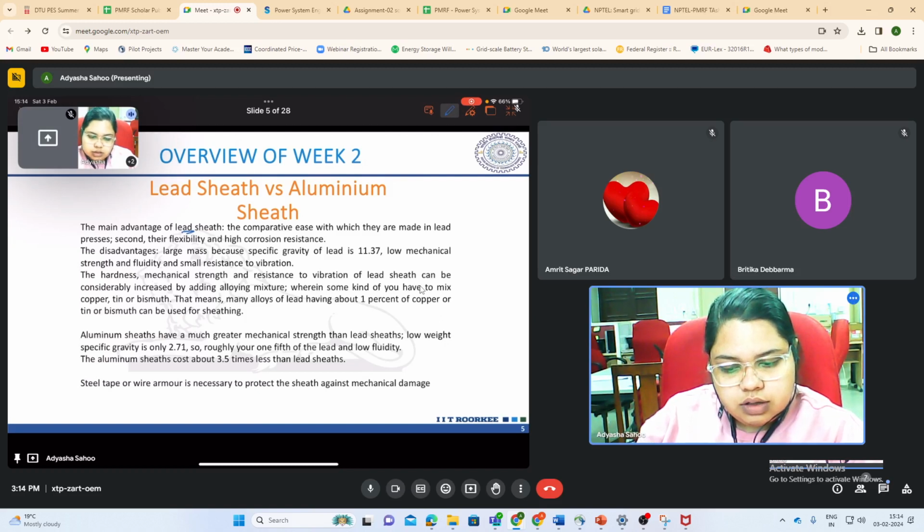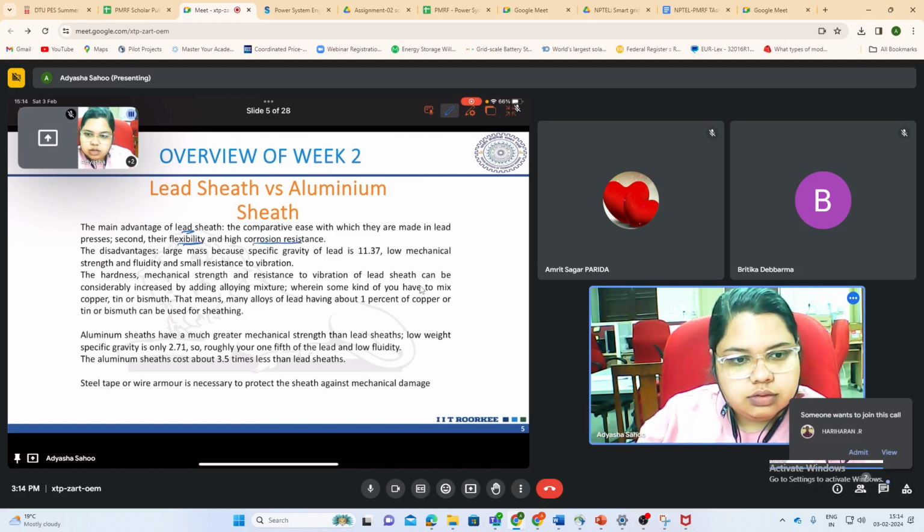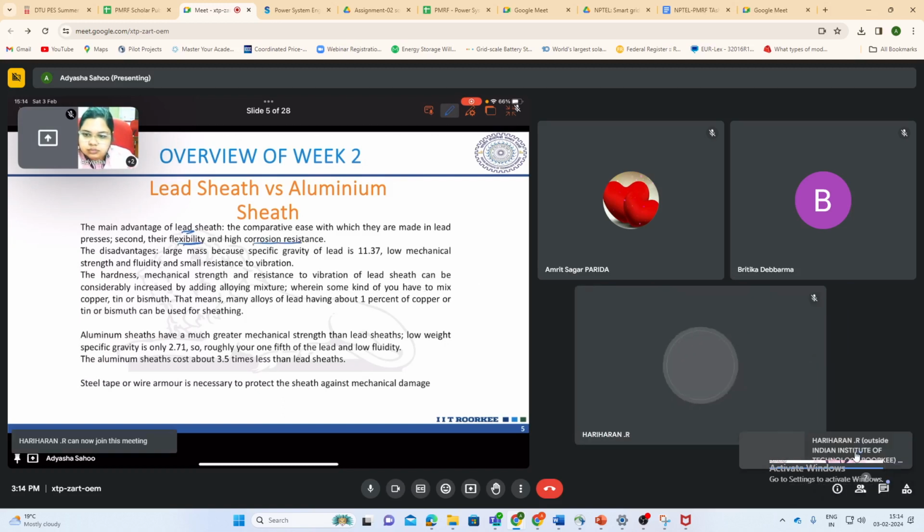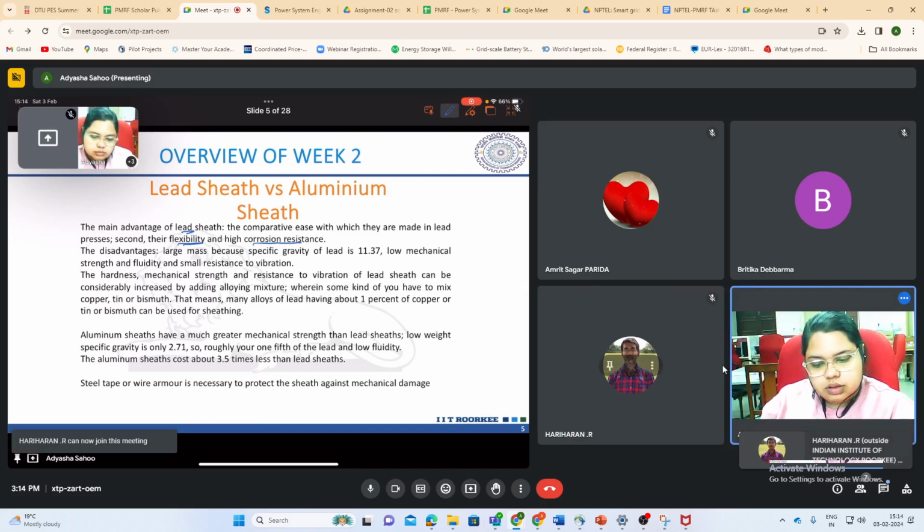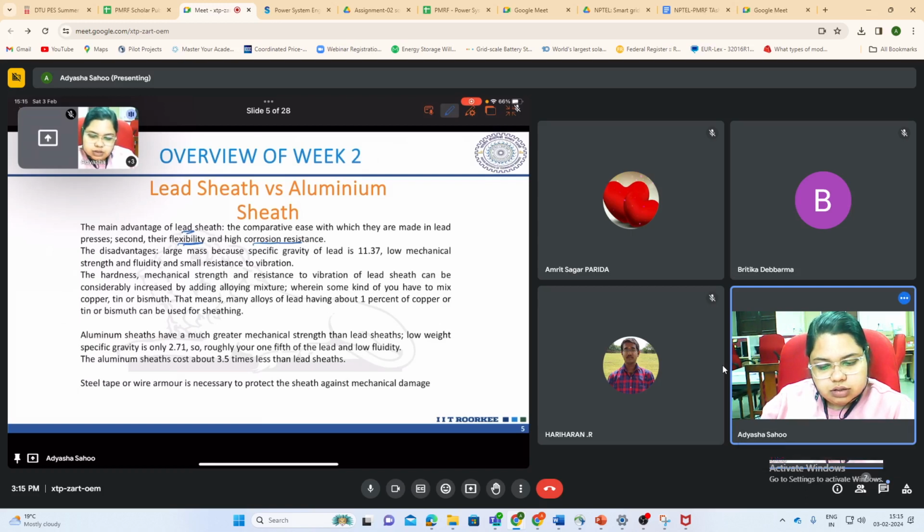Second, they have high flexibility, and the corrosion resistance is also higher. But the disadvantage that we mostly face for lead is because of its specific gravity and low mechanical strength.